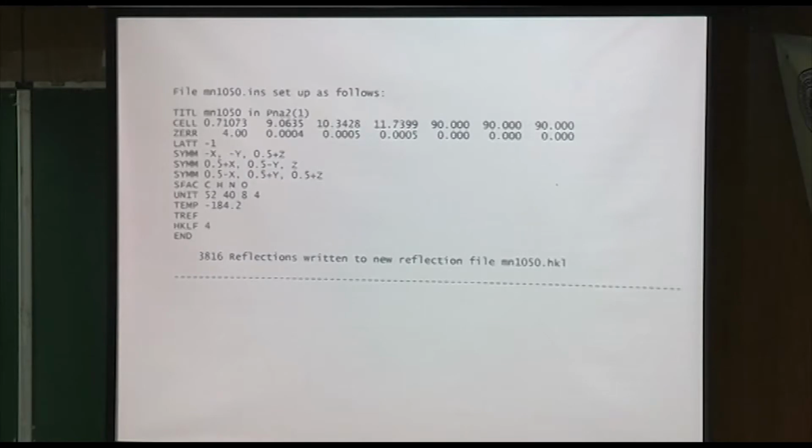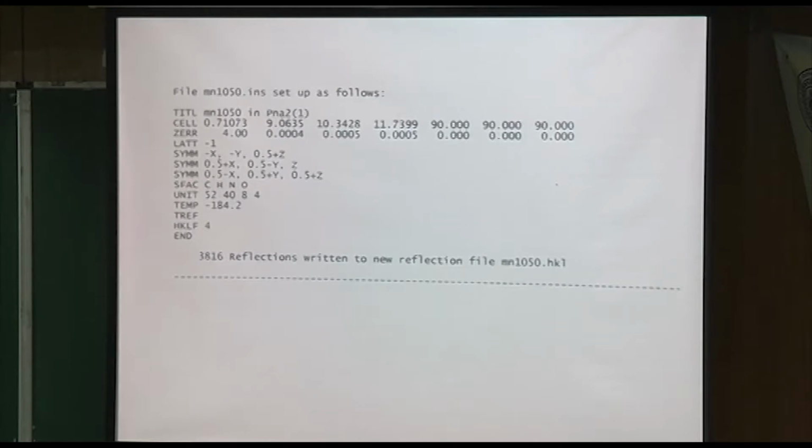So you always have to have these things. I think this line could possibly be eliminated in some instances, but you do have to have title, cell, lat, and sem if you want to use the symmetry. In some cases, you want to just remove the symmetry and just assume it's P1. You can do that too.